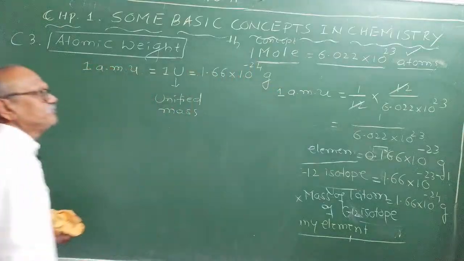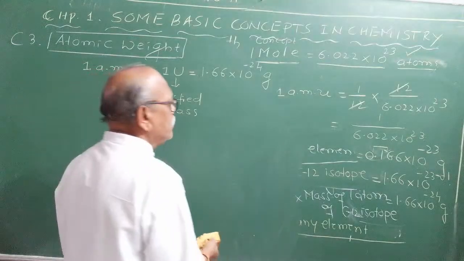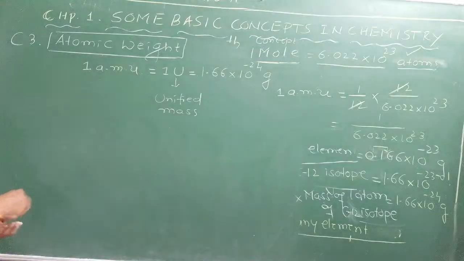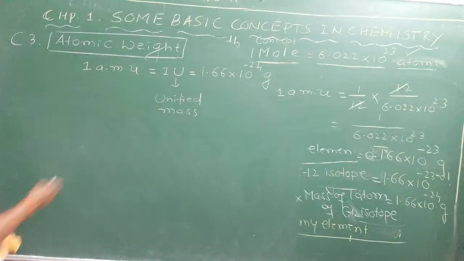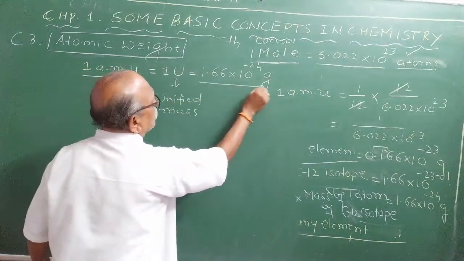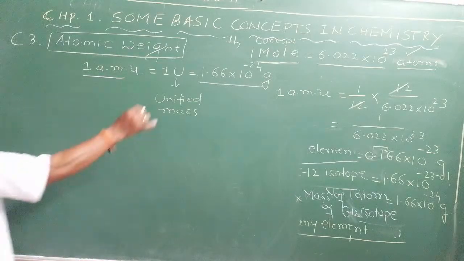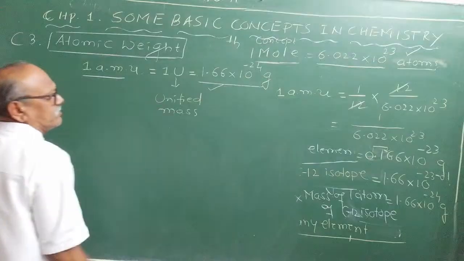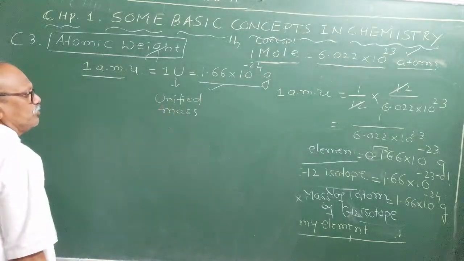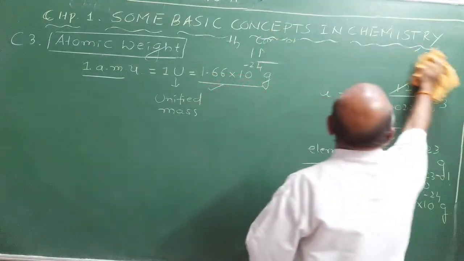Are you getting me? This is an atomic mass. 1 atomic mass unit is given by 1.66 into 10⁻24 grams. So you can get the absolute mass by using this. This is called 1 AMU, 1 atomic mass unit. So that is about atomic mass unit.